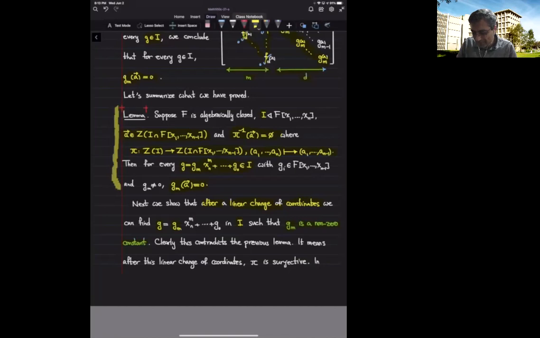If pi is not surjective, this lemma tells me that whenever pi fails to surject onto a vector A, then the leading coefficient evaluated at A should be 0. In particular, this cannot be a constant non-zero polynomial. If I manage to find such a g_m inside I, that would imply that pi is surjective in this new linear coordinate system. So after making this linear change of coordinates, pi ends up being surjective.